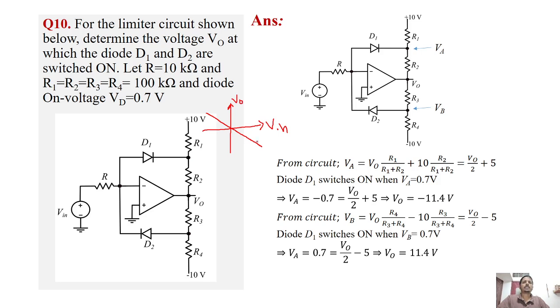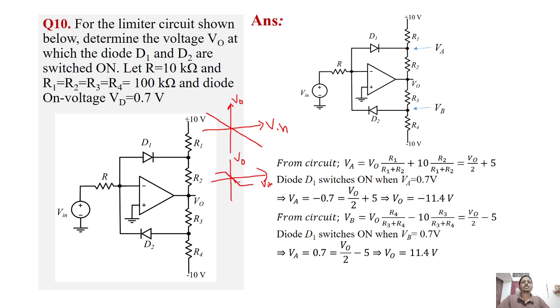In certain applications we may require to limit the output to a particular voltage. So we use a limiter circuit so that the output will be somewhat like this, as if it is being clipped.